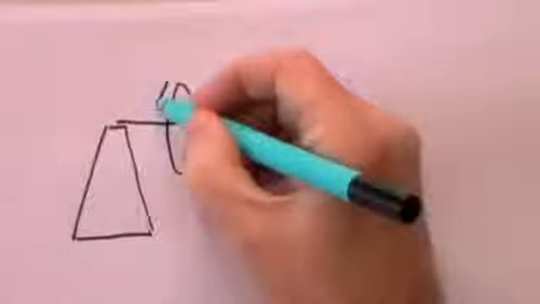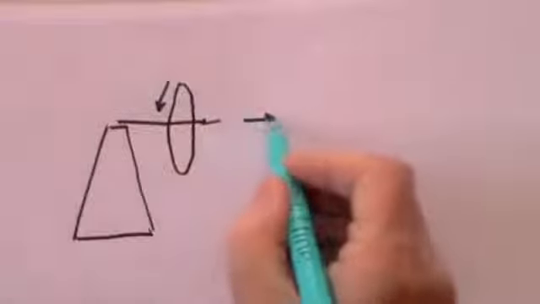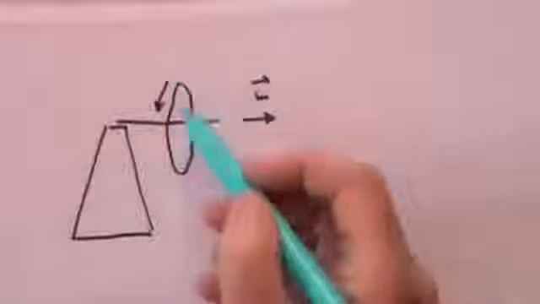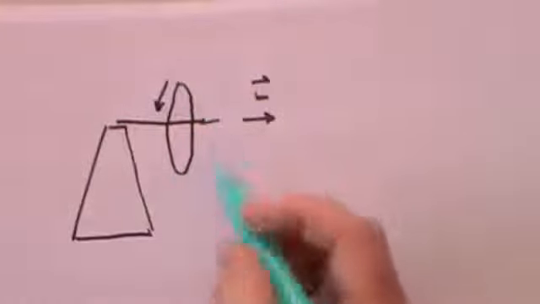But is that so? Let's imagine that the disc is spinning anti-clockwise. And that means that there will be an angular momentum vector, just as we showed before, along the axis and in this direction. But this whole device, this wheel, will have a mass.